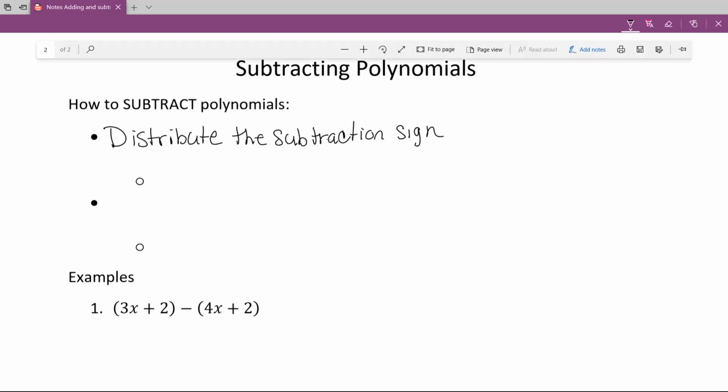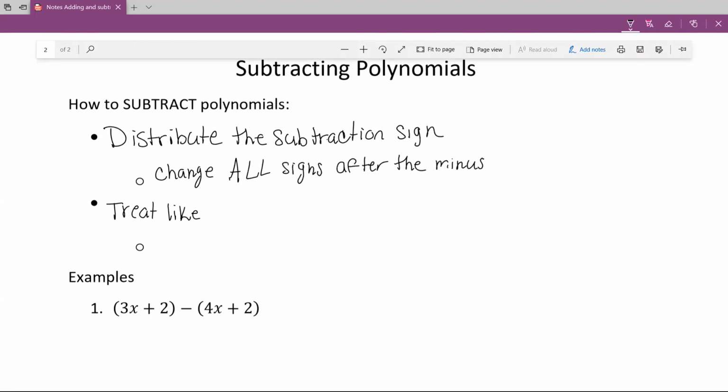Really what that means is that I need to change all signs after the minus. And then treat like adding, which means we're going to combine like terms.